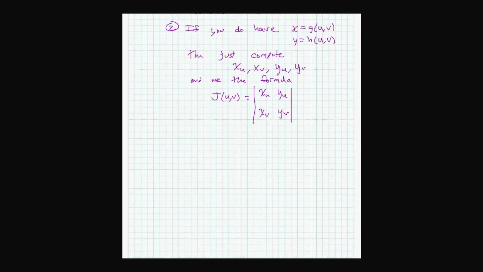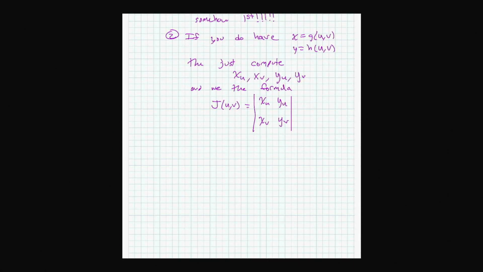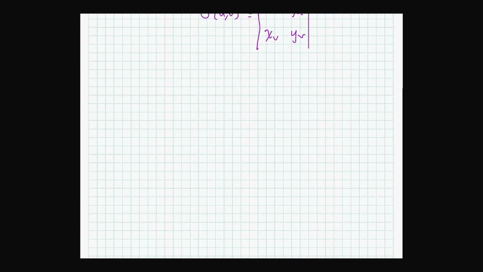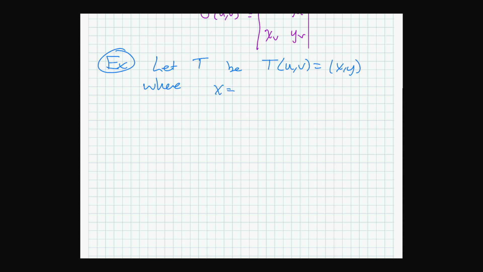Let's do an example, and you'll see that it's actually far easier to do than what we've just talked about. They say let T of u, v equal x, y, where x equals 2u squared plus 5v squared, y equals negative 4uv.